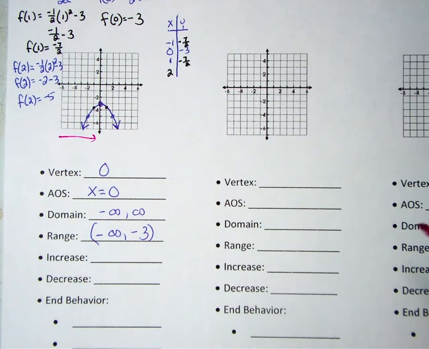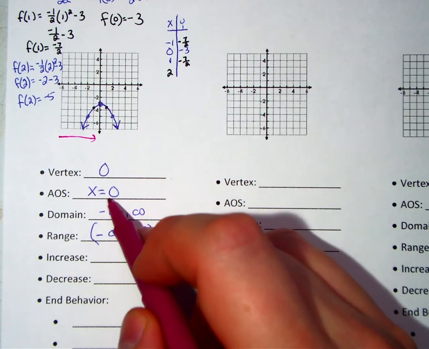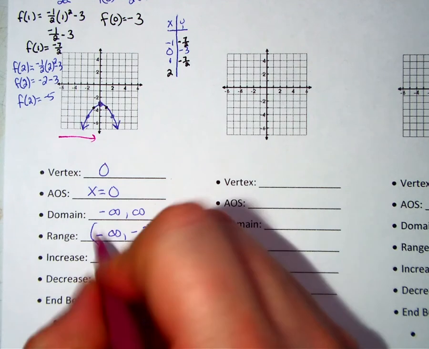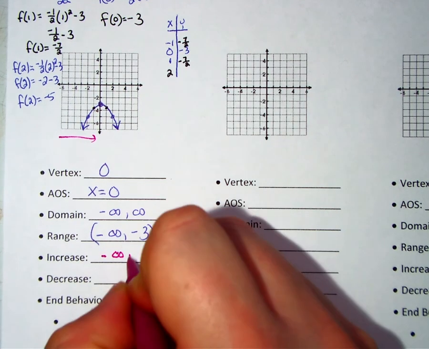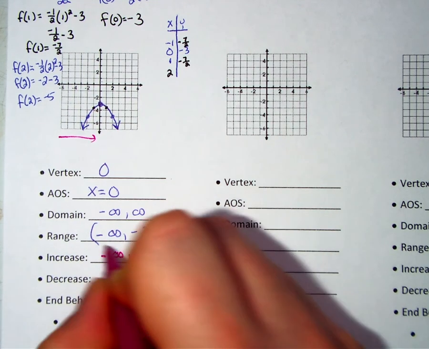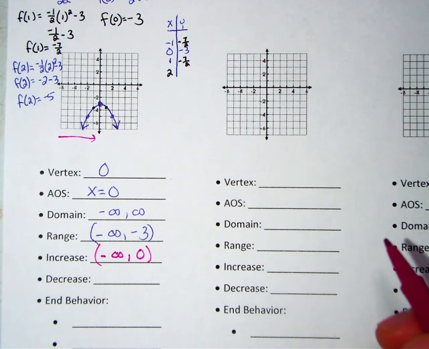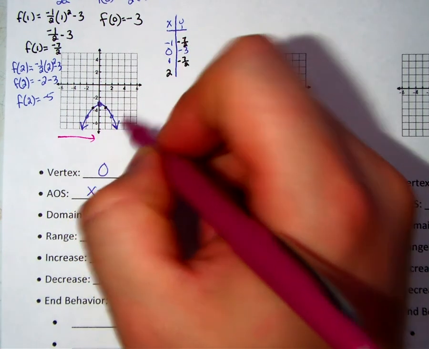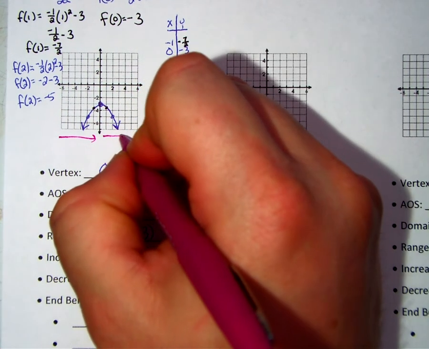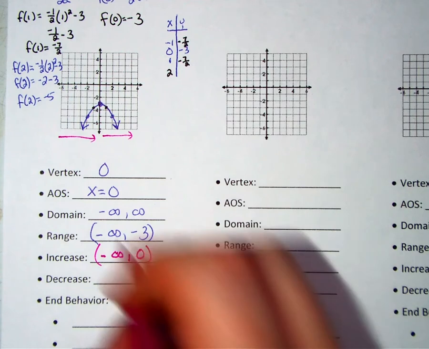Well, it stops increasing at the x value of the vertex, which we know to be 0. So the increase would be negative infinity all the way up to 0. When does it decrease? Well, at the point that it stops increasing, it begins to decrease. So from 0 forever on to infinity.